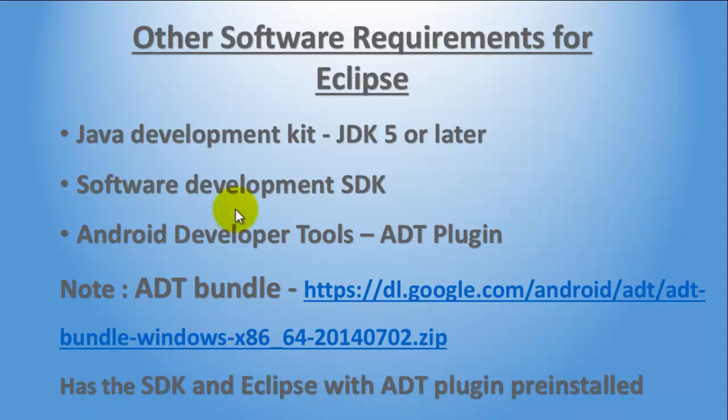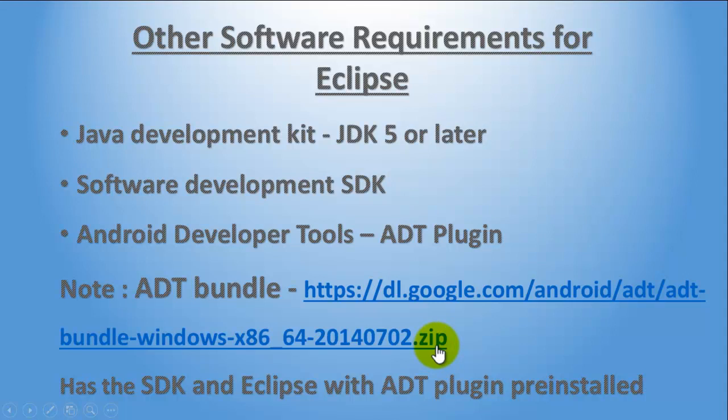This ADT bundle has the SDK and Eclipse with ADT plugin pre-installed. Actually, this zip contains the SDK pre-installed and Eclipse with ADT plugin already available. So what you have to do is just download this zip file, which would be less than 500 MB.